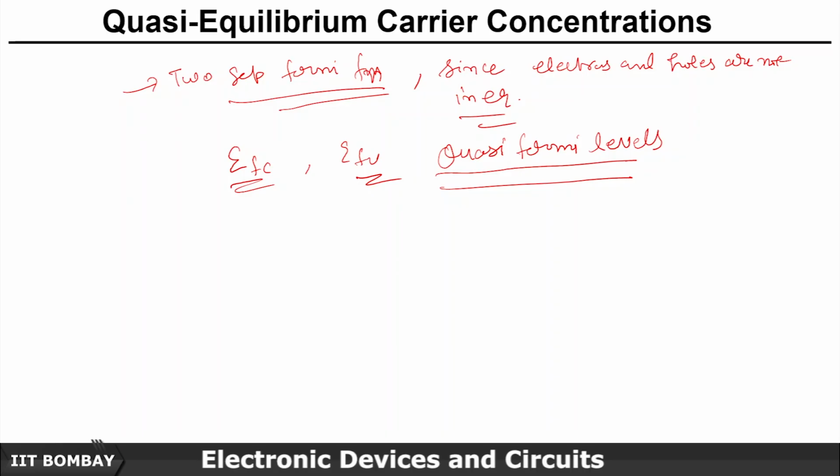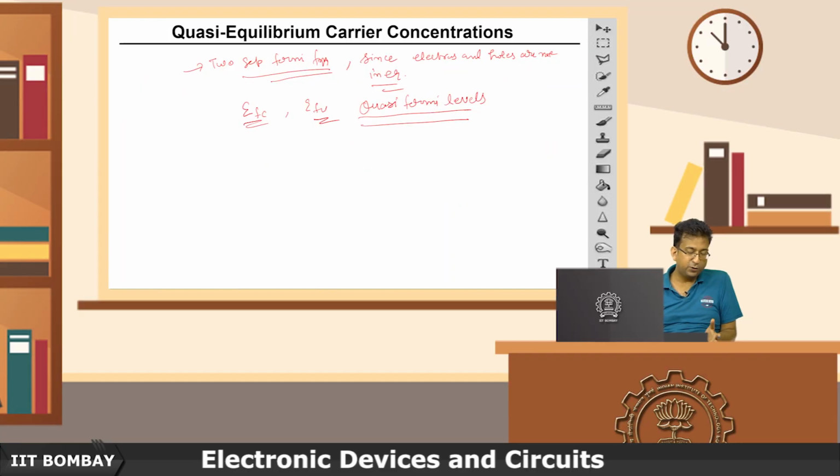Right. So these Fermi energy levels E_F,C and E_F,V lie in the conduction and the valence band respectively, and the concentration of both electrons and holes can be quite large. So the take home message from here is that if you want to calculate these concentrations, you need to first keep in mind what is the state of the semiconductor, whether it is in thermal equilibrium or whether there is an external driving force.